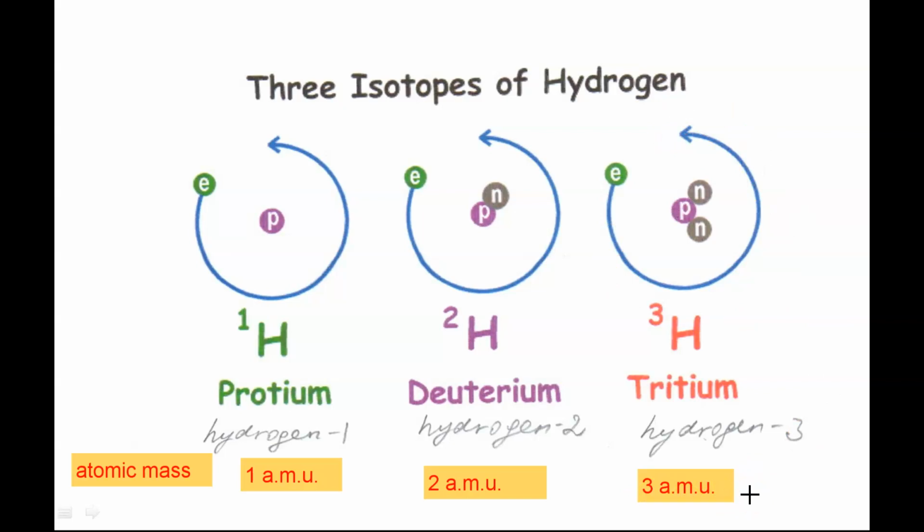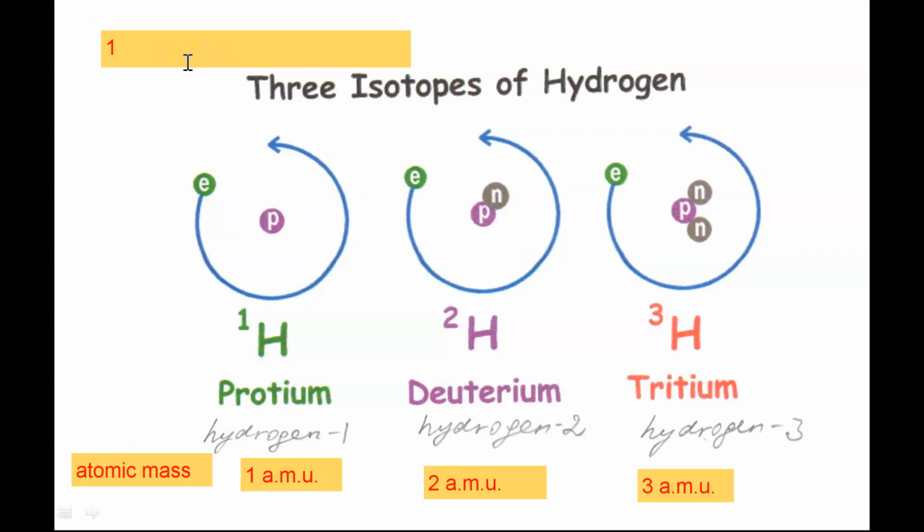So now let's think about the average atomic mass. So remember, the average atomic mass was 1.001, something like that, right? So if I have atomic mass of 1, atomic mass of 2, and atomic mass of 3, how would I calculate the average atomic mass? I would have to add 1, 2, and 3 together and divide it by 3 because I have 3 isotopes here, right? So let's do that. So very easy.